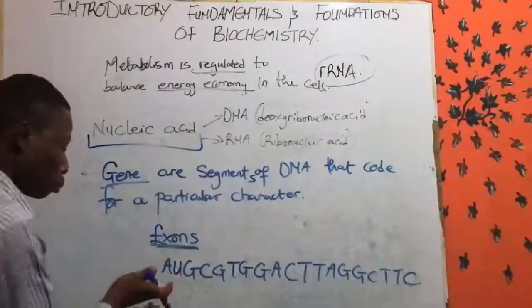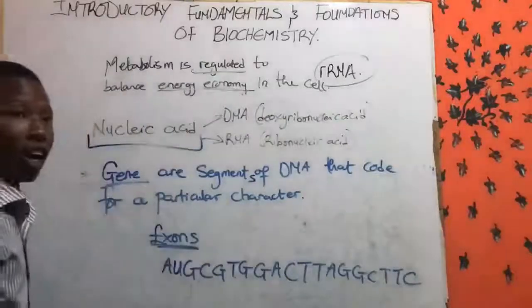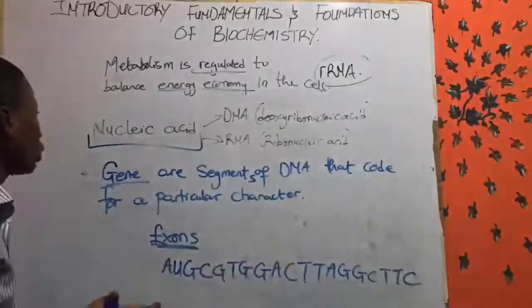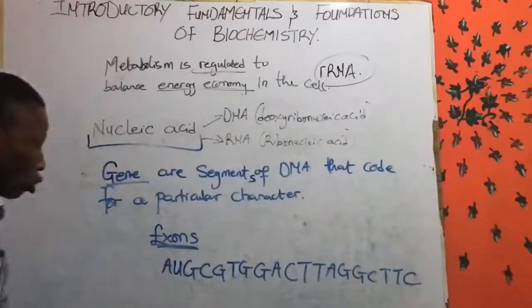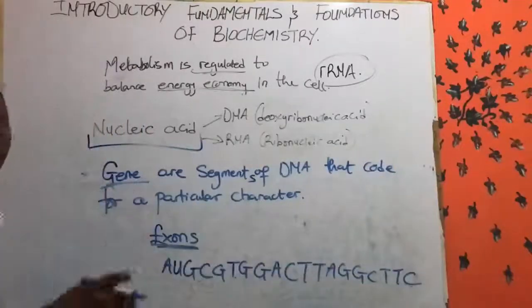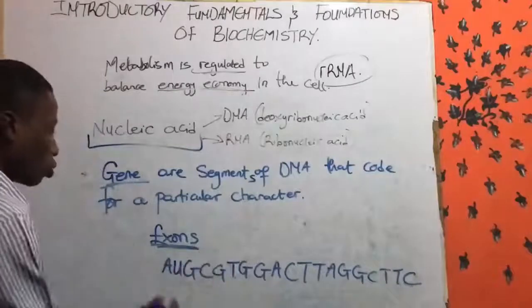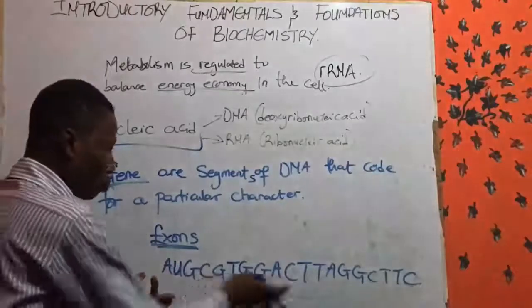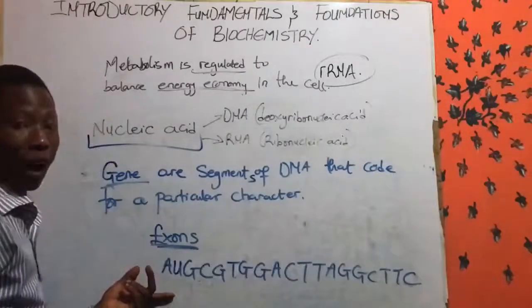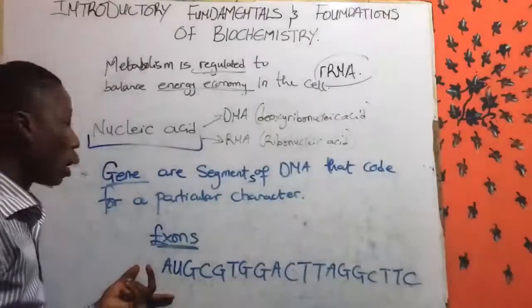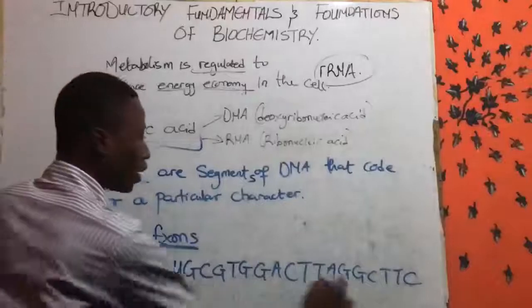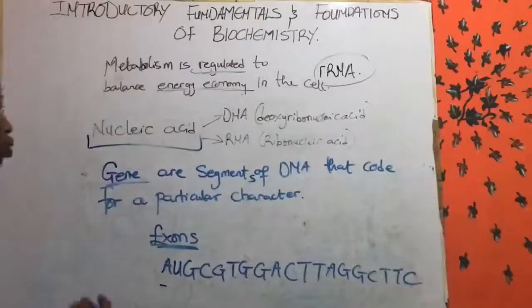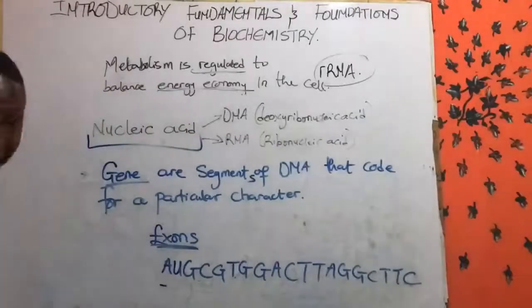Assuming this is a nucleotide, and this oligonucleotide here is a short segment of nucleic acid anyway. Now, assuming this is what I find in my chromatin, it is not everything here that will be coding for a particular character or for a particular protein.